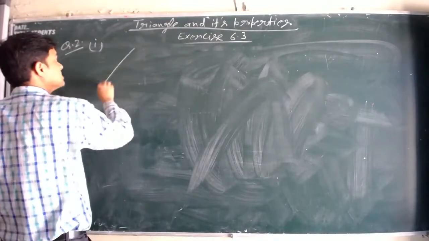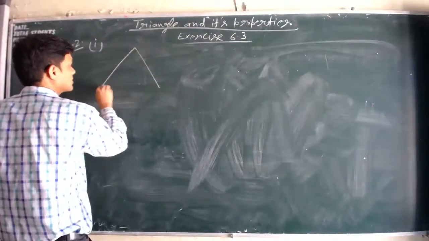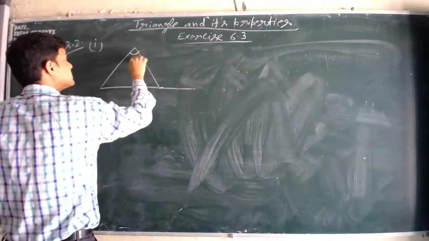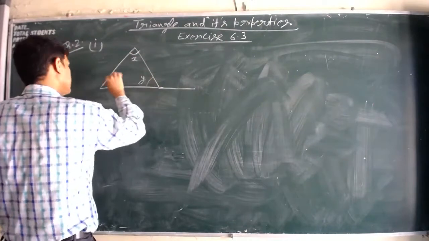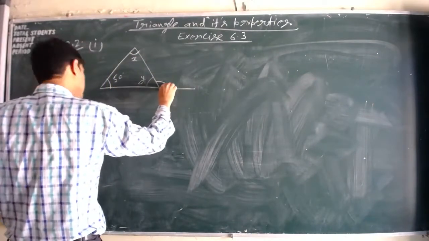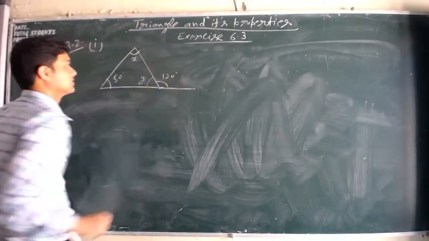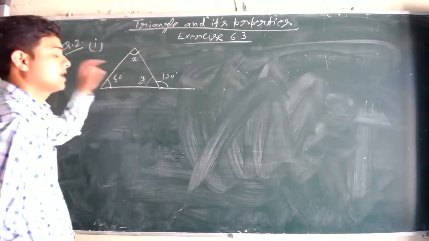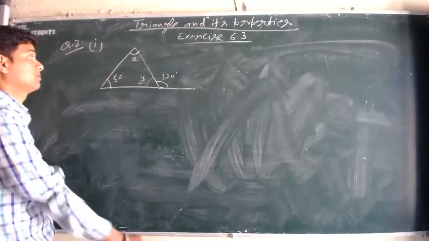We have the first figure, according to this, x, y and 50 degrees, and this angle is equal to 120. Clear? Now we have to calculate the values of x and y.